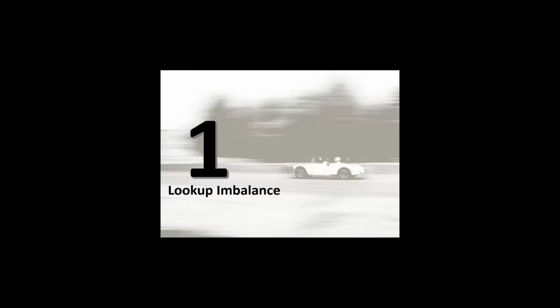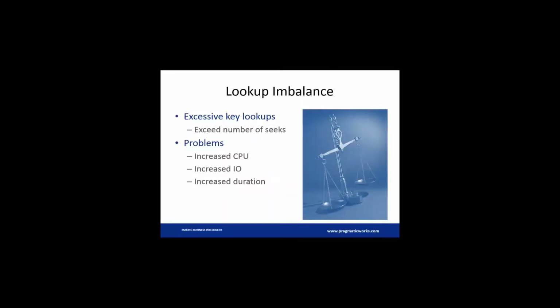Lookup Imbalance is when you're looking in your DMVs and you see that there is an excessive number of key lookups. Now, key lookups aren't necessarily bad, but if there's an excessive number of those on the clustered index, you want to take a deeper look. Typically what I call excessive is any time the number of key lookups exceeds the number of seeks on the clustered index.